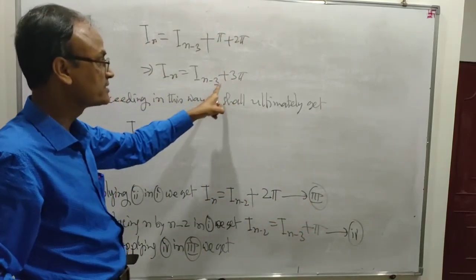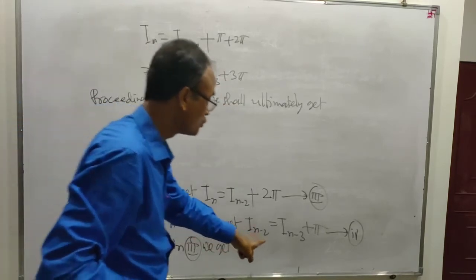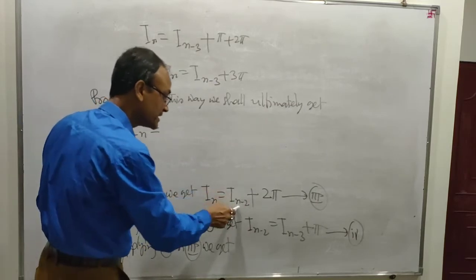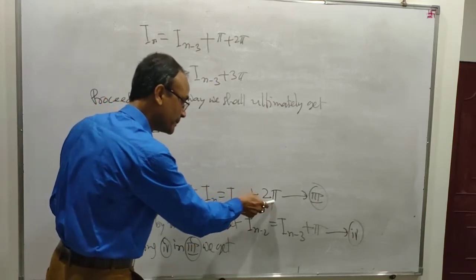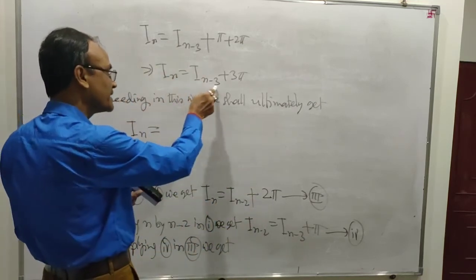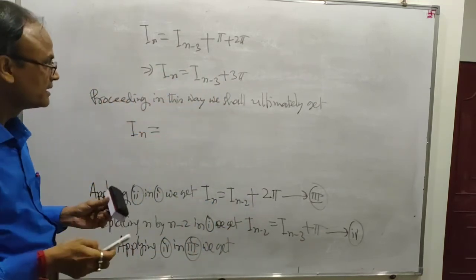This 3 equals this 3, and this 2 equals this 2. If it is I n minus 2, the coefficient of pi is 2. If it is I n minus 3, it is also 3.